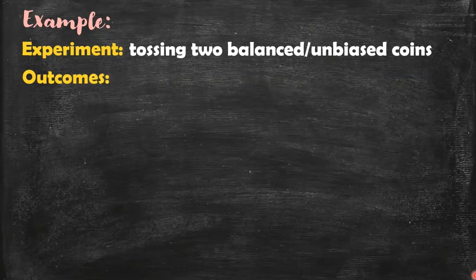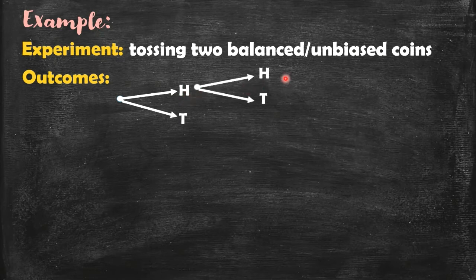So by now, you are experts in creating tree diagrams, right? So like this. So sa unang coin, you have 2 outcomes, right? A head or a tail. Now, if the first coin is a head, yung second coin, merong dalawang outcomes din, right? It can be a head or a tail. Okay?